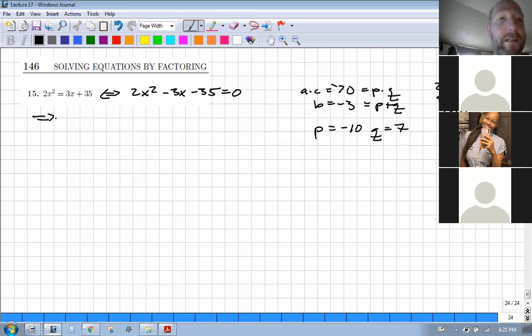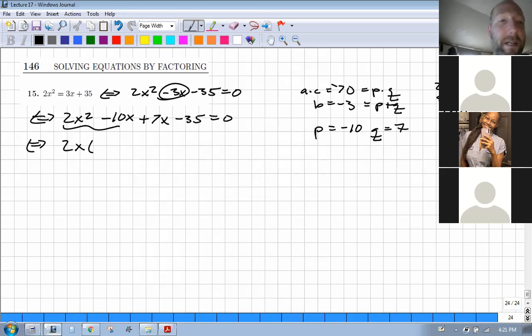So we'll rewrite this -3x as a -10x plus a 7x. So if I pull a 2x out of here, I get an x minus 5. If I pull a 7 out of here, I get an x minus 5.